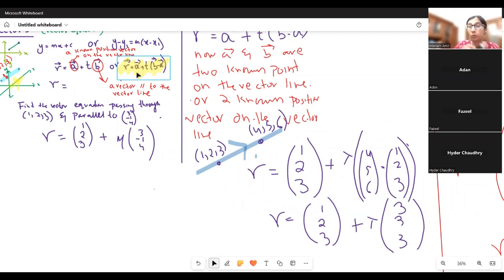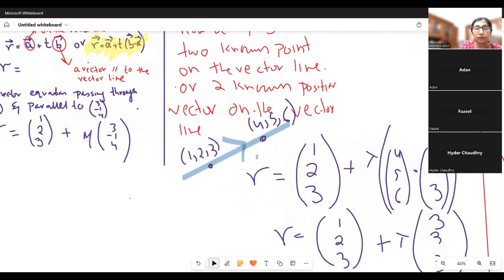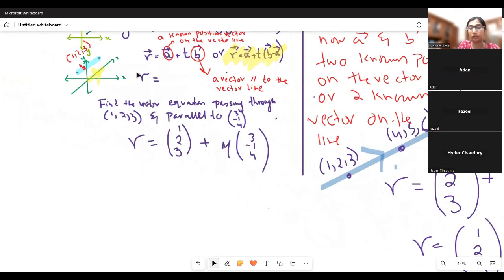Another very, very, very important thing. The answer written in the marking scheme is not written in column vectors. If there's even a slight mention of ijk in the question, this is the kind of answer that is expected from you.